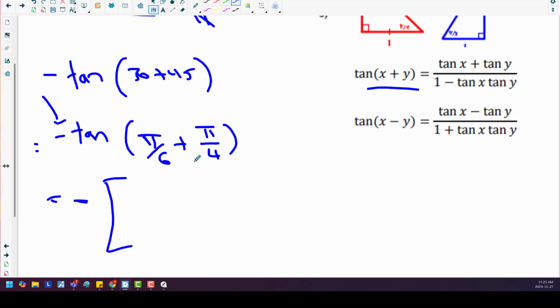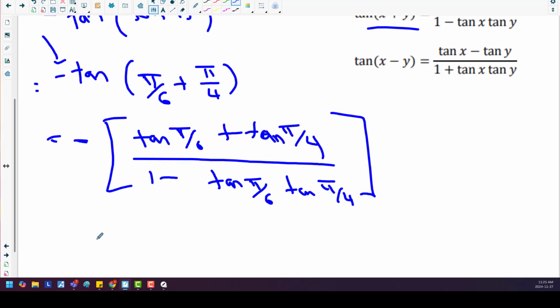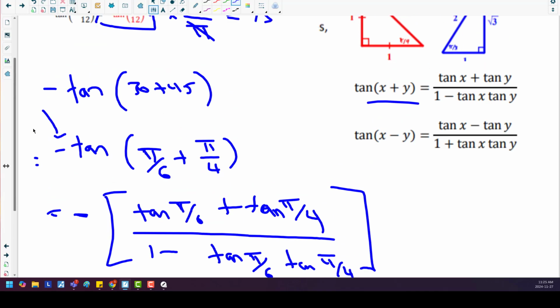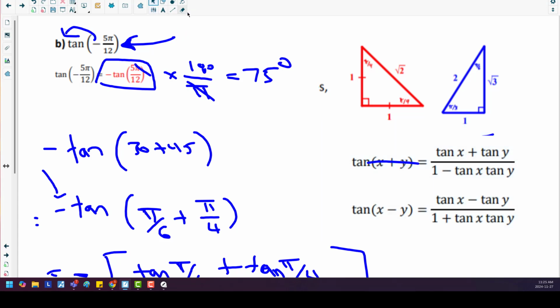All right, we have tan of pi over 6 plus tan of pi over 4, all over 1 minus tan of pi over 6 times tan of pi over 4. And what is tan of pi over 6? Well, let's look at our special triangles. Tan is opposite over adjacent. Let me move this down a little so you can see.